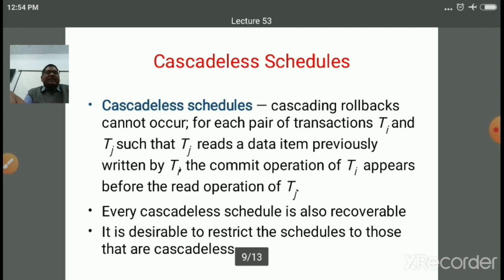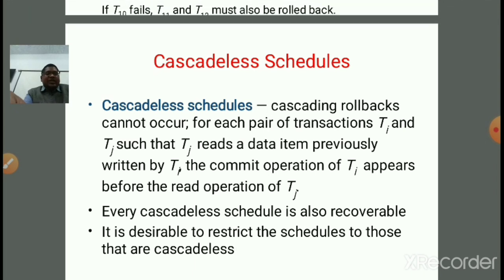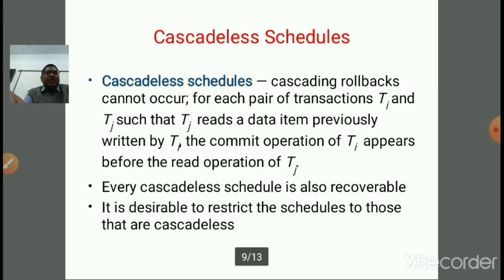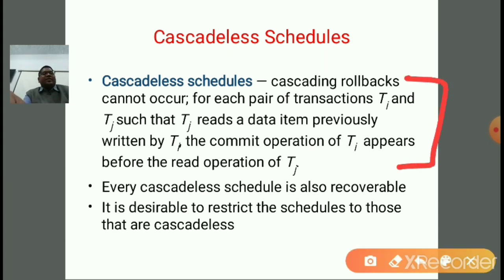Now, cascadeless schedule. A cascadeless schedule means cascading rollback cannot occur: for each pair of transactions Ti and Tj such that Tj reads a data item previously written by Ti, the commit operation of Ti appears before the read operation of Tj. The concept is self-explanatory.